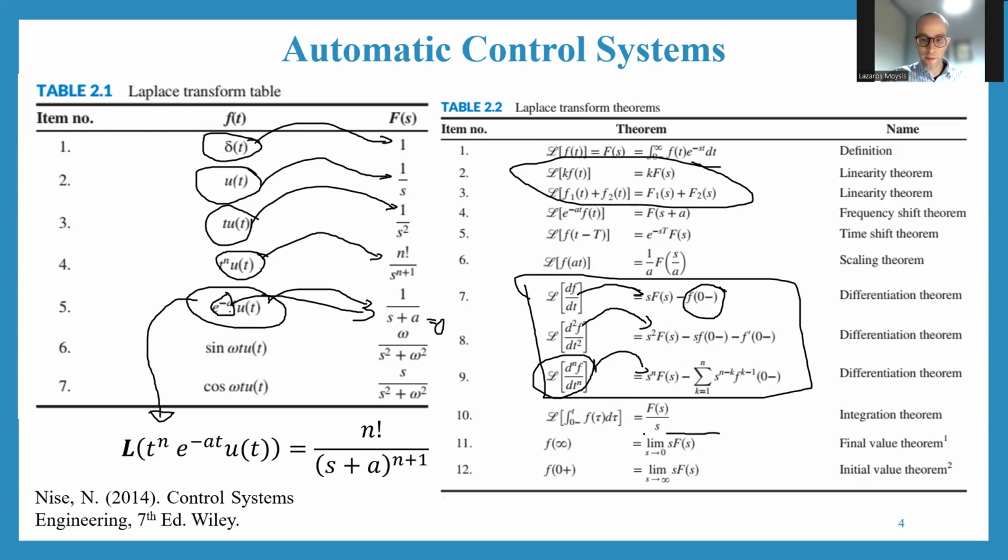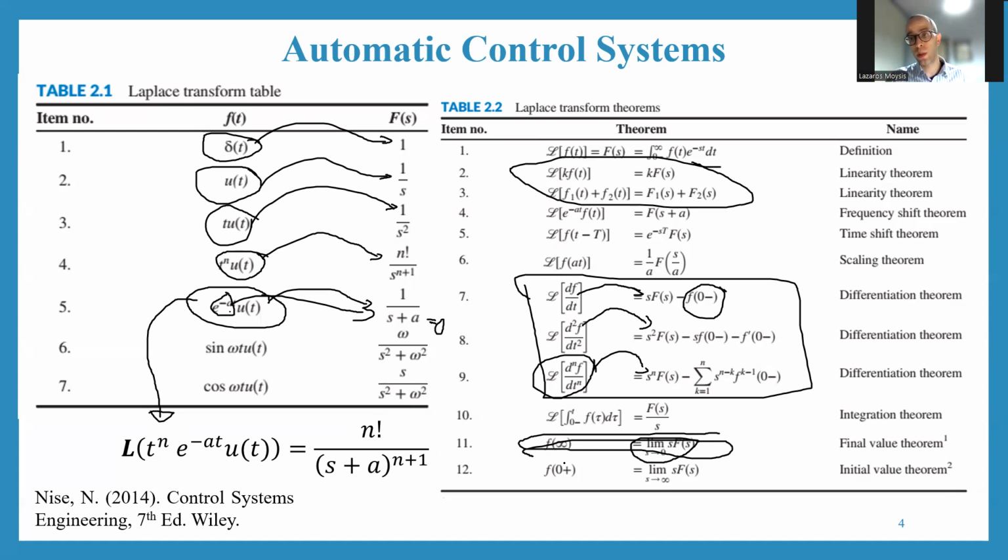Okay. Now, the final property, which is very important, is the final value theorem. The final value theorem is a simple limit right here. It's extremely useful because it tells us what the final value of the function is as time goes to infinity. So this f of infinity right here simply means f of time as time goes to infinity.